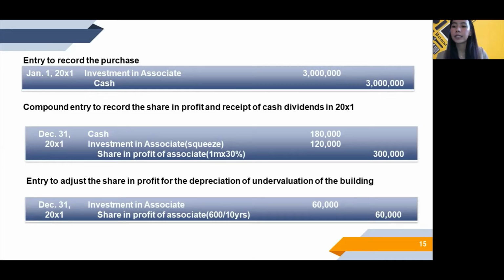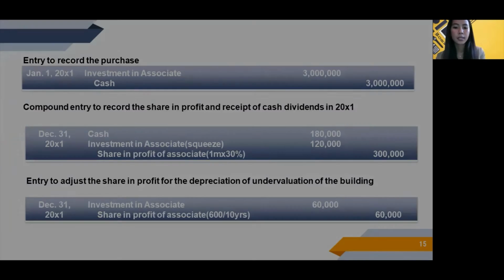To compute the 60,000 pesos, we get the difference of the 10 million fair value earlier and the 8 million carrying amount of the net asset, then multiply by the 30% interest. So we get 600,000 pesos. Then we divide by the 10 years remaining useful life to arrive at the 60,000 pesos.